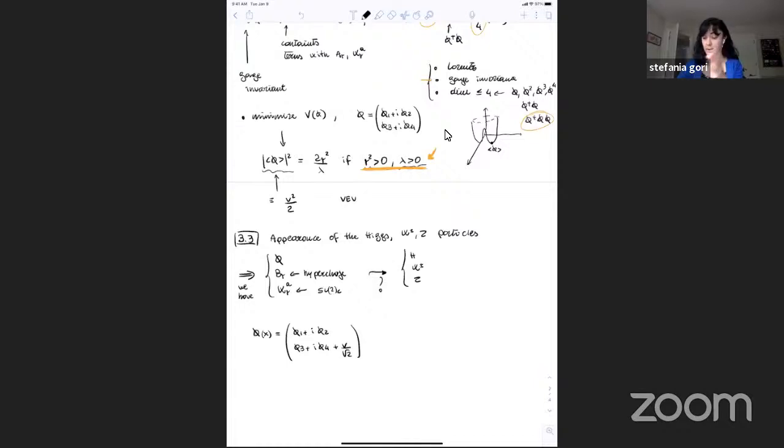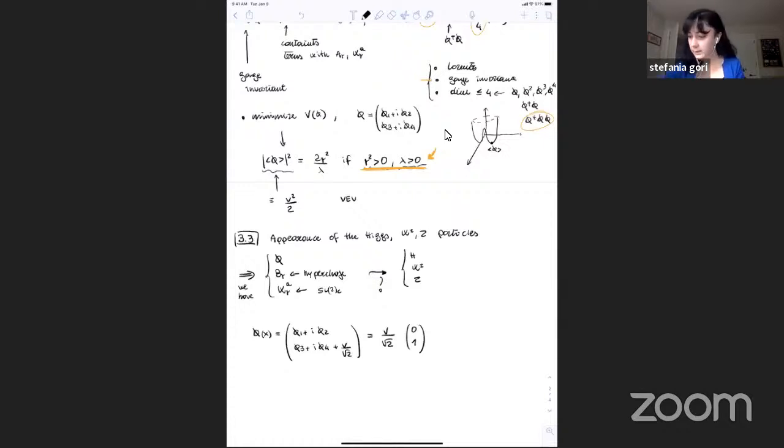So these phi 1 to 4 are real scalar fields, so new degrees of freedom that I'm adding to the Lagrangian of the standard model. But actually, we can write down this field in a more convenient way, namely in the following manner. So I put here in front the vacuum expectation value. I have the two SU2 components. We put them here, 0, 1.